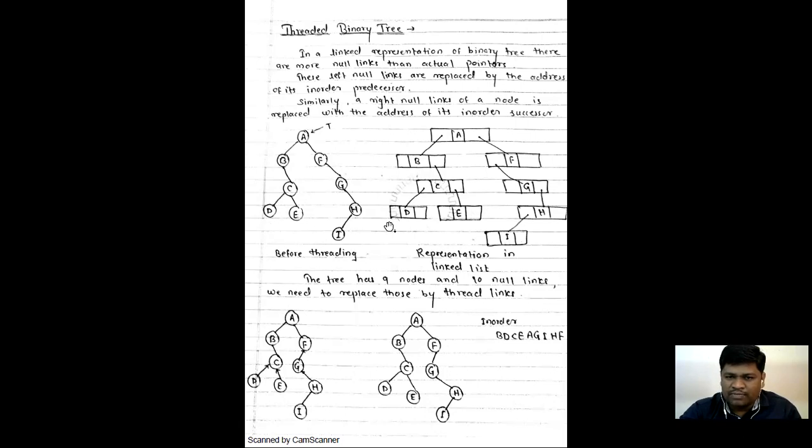What is the left pointer value of D? Null. And the right pointer is also null. Now by using the threaded binary tree, these left null links are replaced by the address of its in-order predecessor.